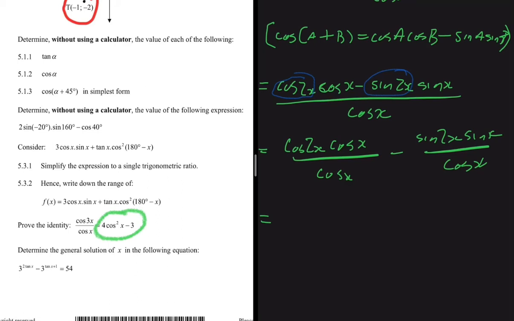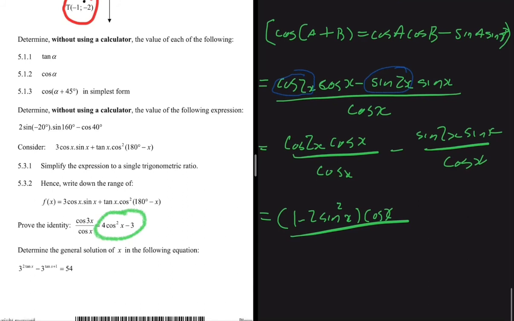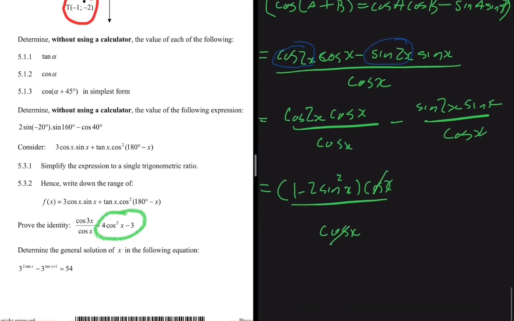So we're going to have 1 minus 2 sine of x squared multiplied by cos of x, everything divided by cos x. I'm sure you can see now that the division is falling away. We've gotten rid of it on this side. And then minus sine of 2x multiplied by sine x divided by cos x.